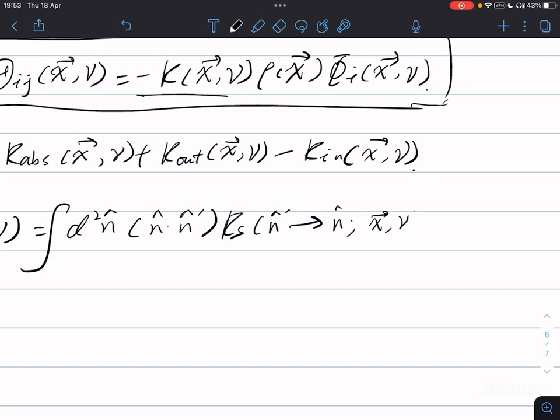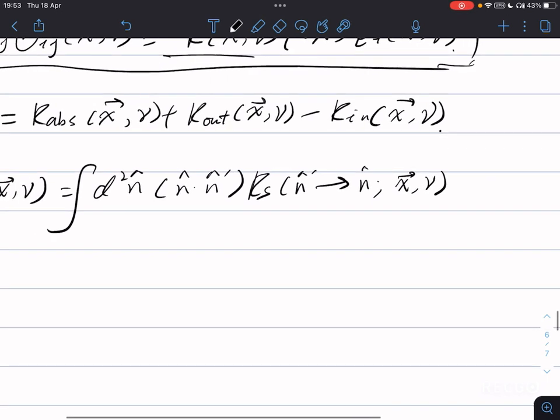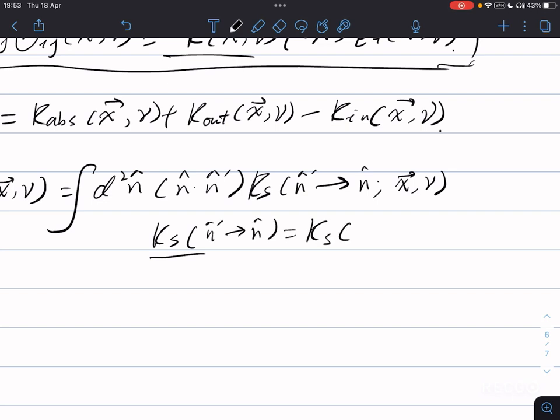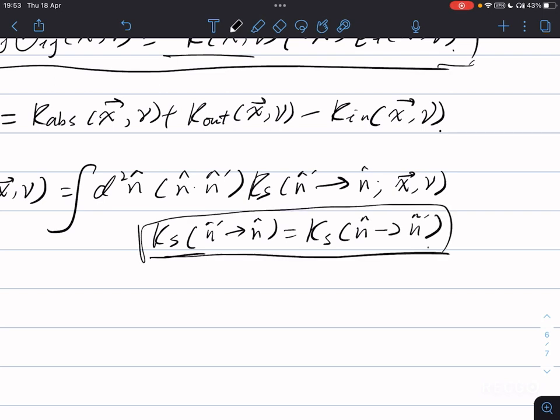Notice that here we have an assumption about the coefficient chi scattering: that it is invariant under the exchange between the final and initial direction, which means n prime to n equals n to n prime. That is an assumption about this coefficient.